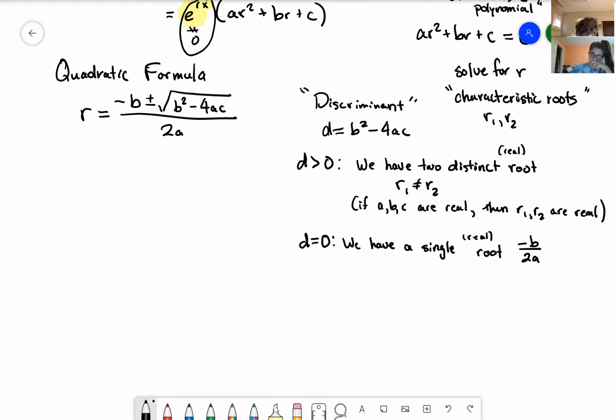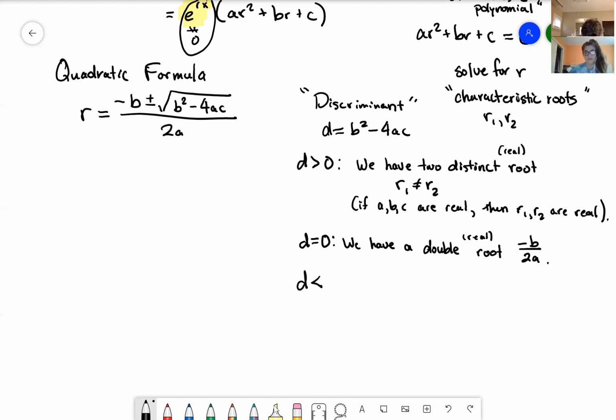And it's a repeated root. So I want to say we have a single double root, but that kind of sounds bad. Let's just say we'll call it a double root. We only have one root, but it appears twice. Okay. So that'll present us with our first problem.